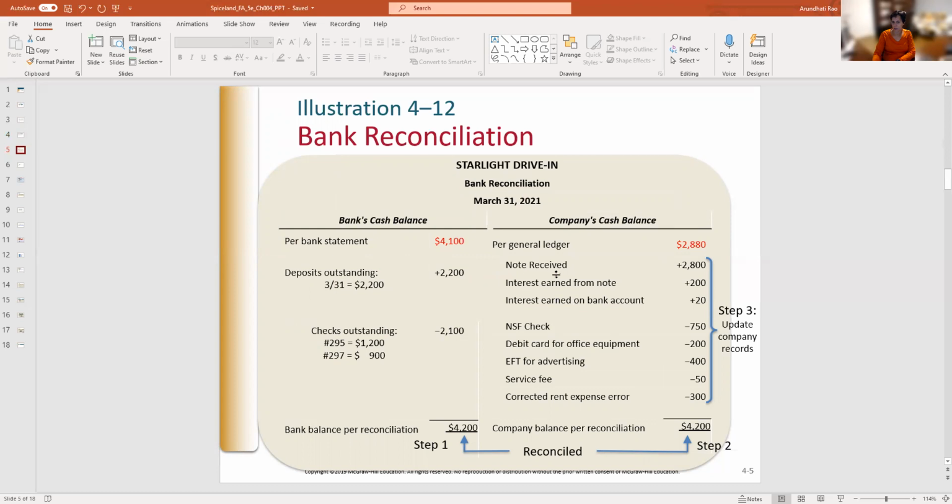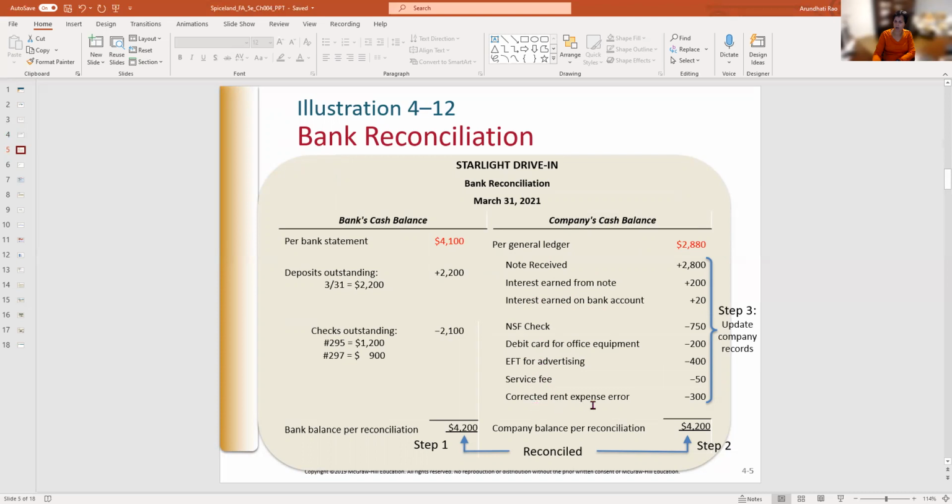So if a note was received, which means collected, you earned interest on the notes, you earned interest on your bank account, all of those will be added. Subtracted are NSF checks, any debit card payments made, EFT (electronic fund transfer) transactions, and any service fees. All of those need to be reported over here.